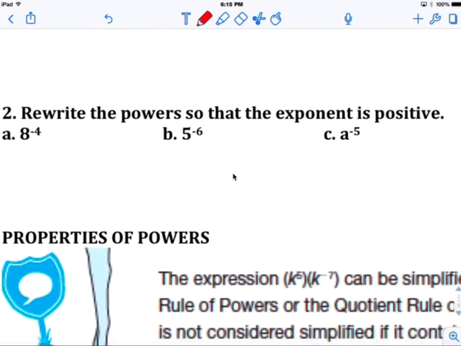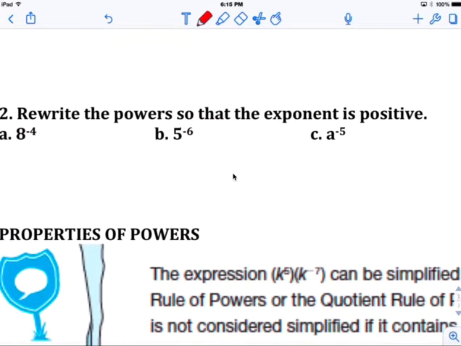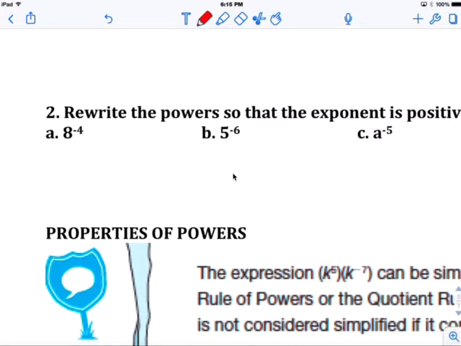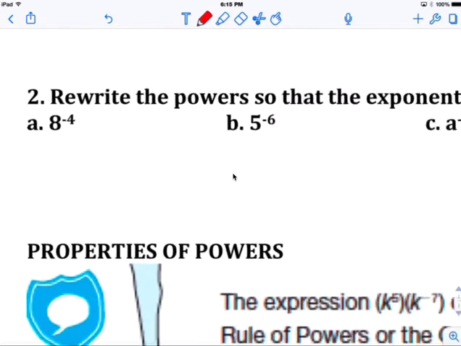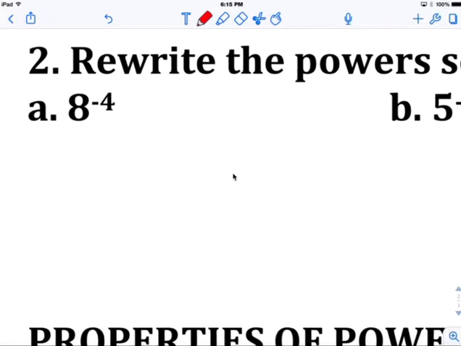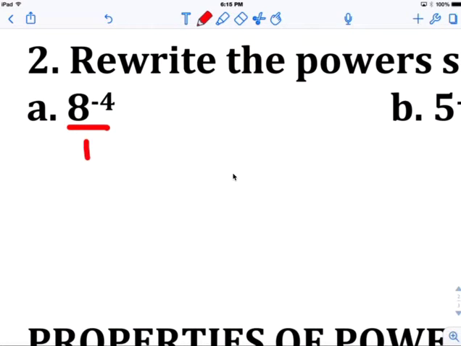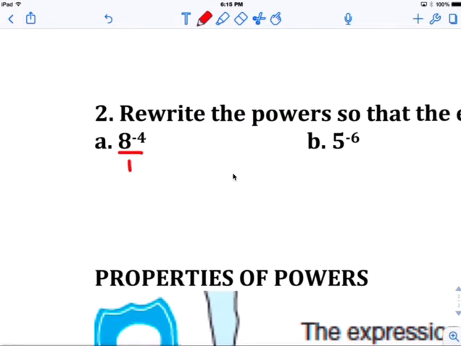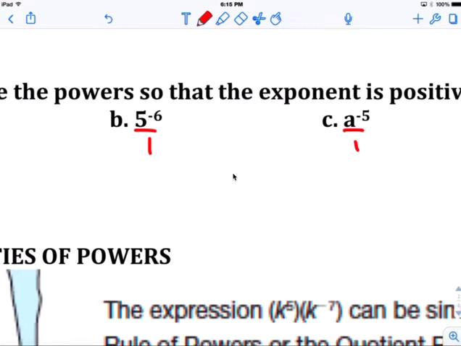Okay, rewrite the power so that the exponent is positive. When you have something like this, and that's one of your IXL you need to do, anything with a negative exponent, it's not simplified. You have to simplify it. That means the denominator is 1, right? All of these have a denominator of 1. Okay.